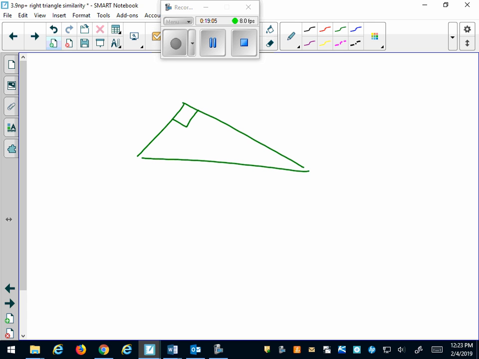Whenever you have one of these types of problems, with the altitude drawn down like this, turn your paper so that the original biggest triangle's right angle is at the top. Now think of this as like the bottom and the top.